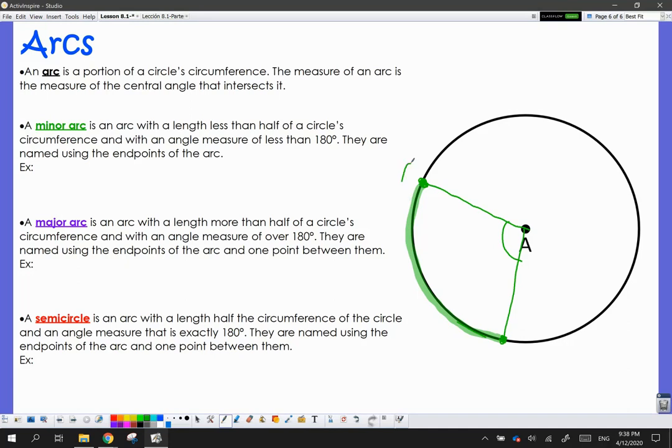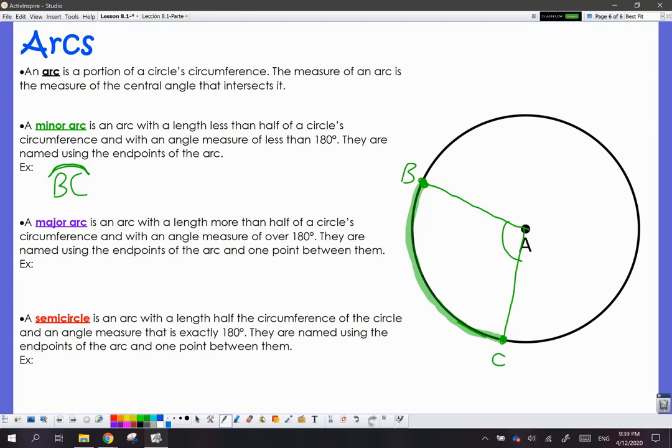So let's say if I call this BC, then angle BAC is the central angle that corresponds to arc BC. And the way that we write the name of an arc is we have the two endpoints of our arc, and we make a little arc on top of those two letters like that. So here we're calling it arc BC.